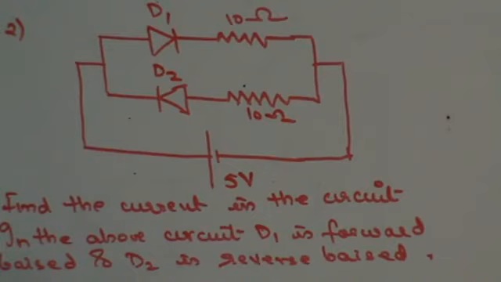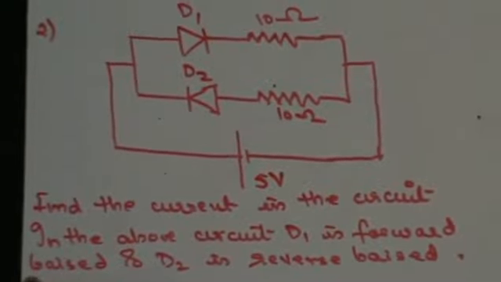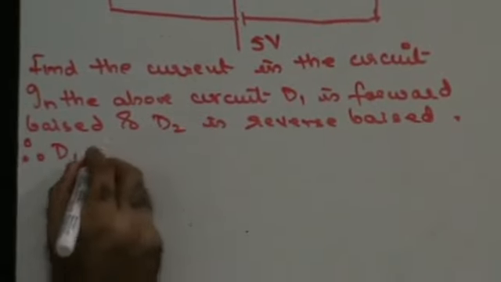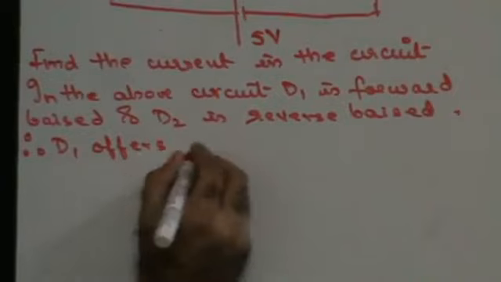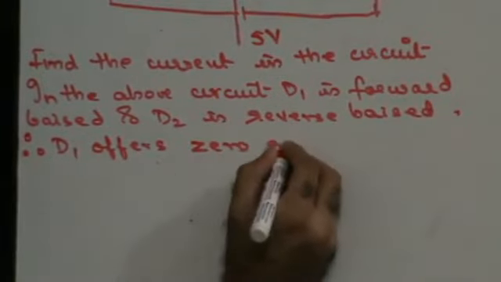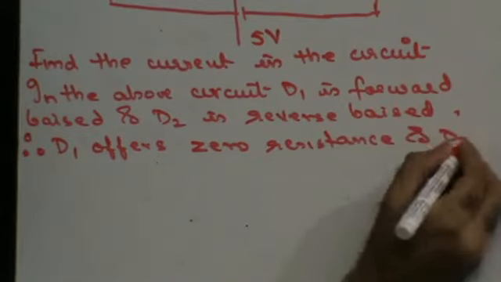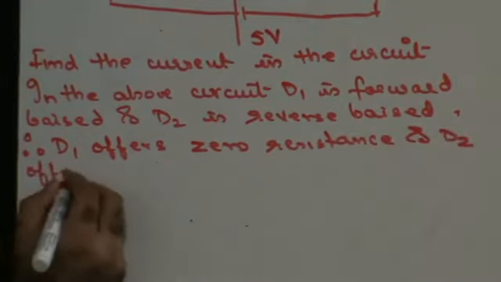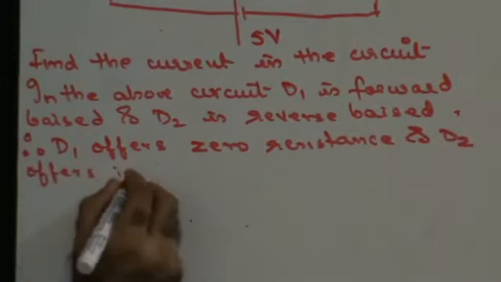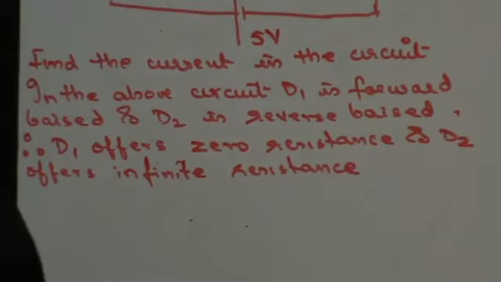Hence, D1 offers 0 resistance, whereas D2 offers infinite resistance.